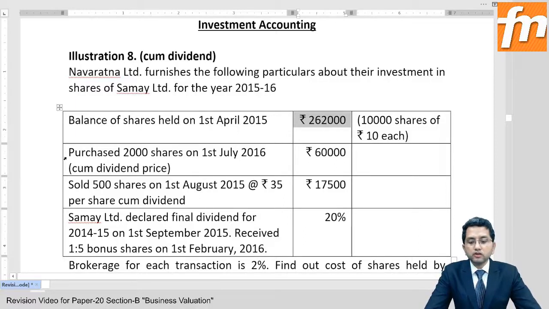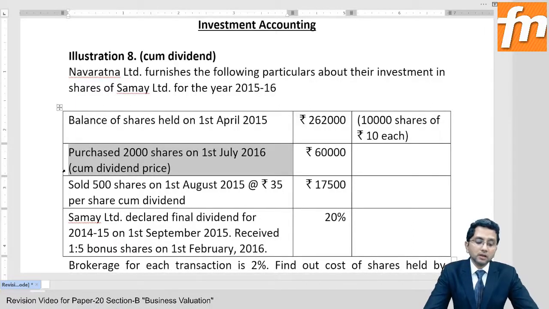Then after 3 months, you bought 2,000 shares in the company at 60,000 rupees, that is 30 rupees per share. But they are saying that this purchase price is inclusive of dividend. So while valuing the share, I will have to deduct dividend from 60,000.